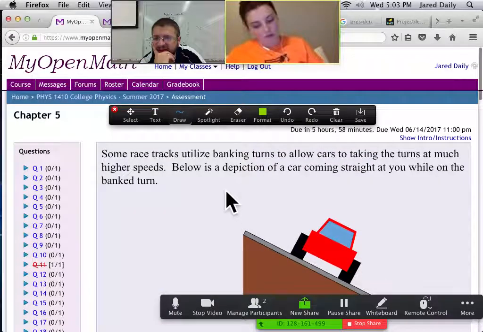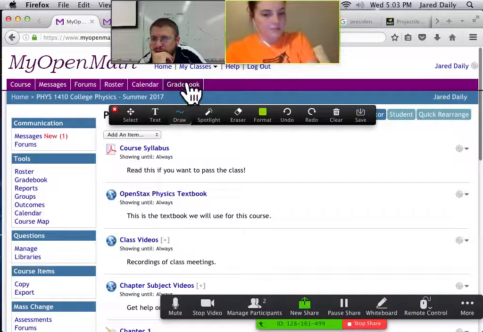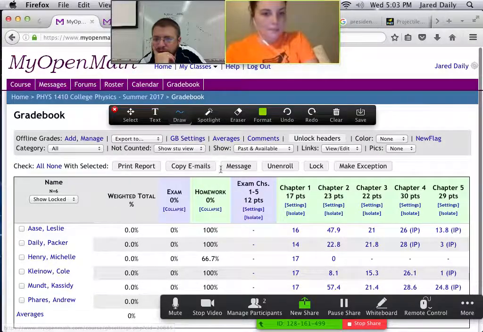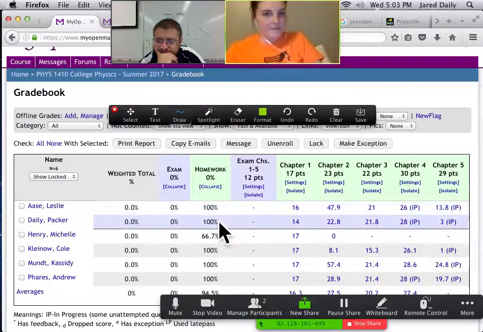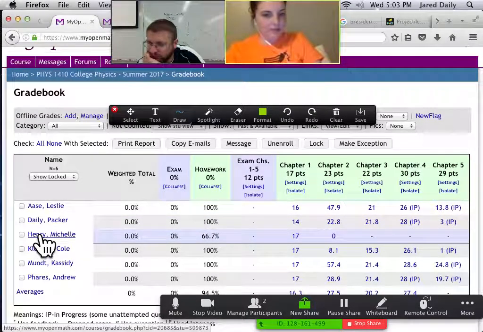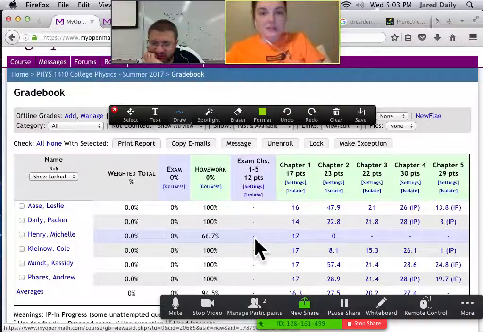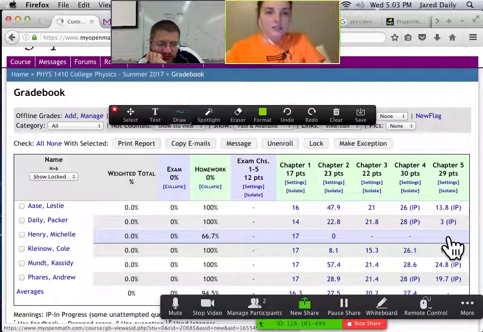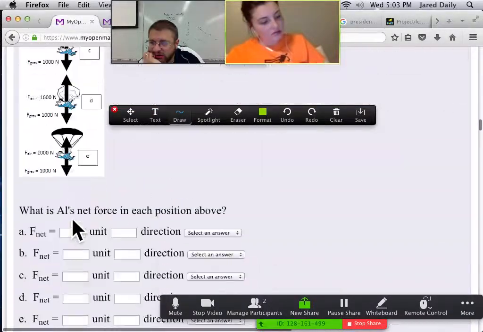Let me just check that really quick. So the weight of the car.